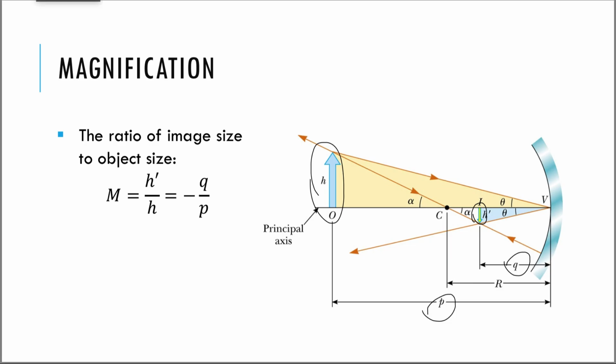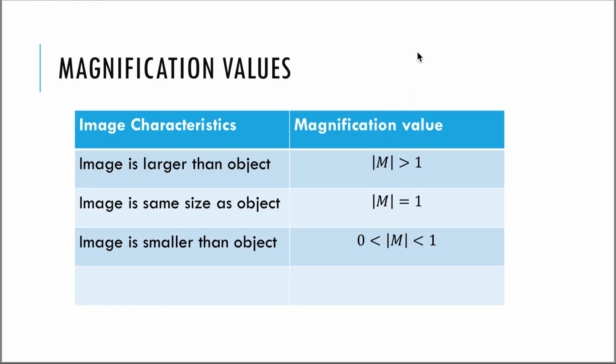So we need to understand what the values for magnification are. Again, the magnification is comparing the image height to the object height. If your image is bigger than your object, then this number is going to be greater than 1, larger than the object.